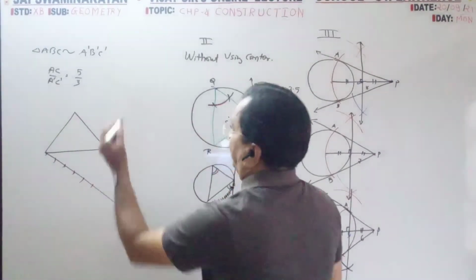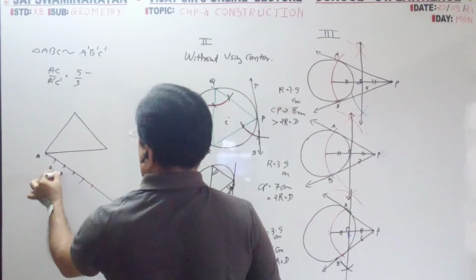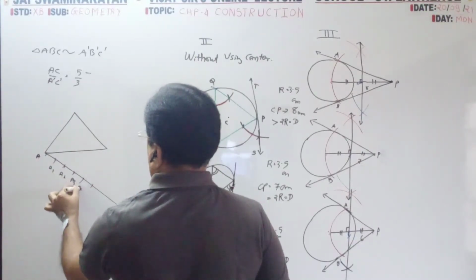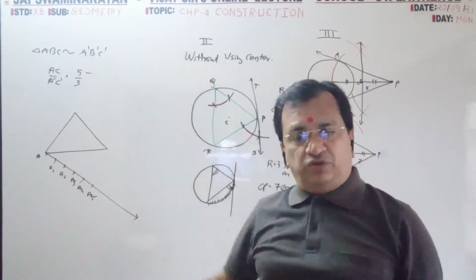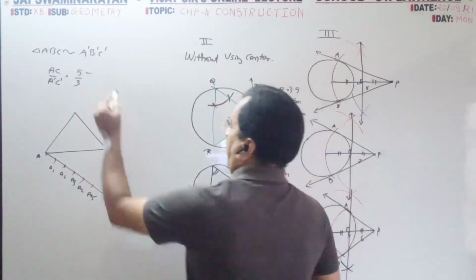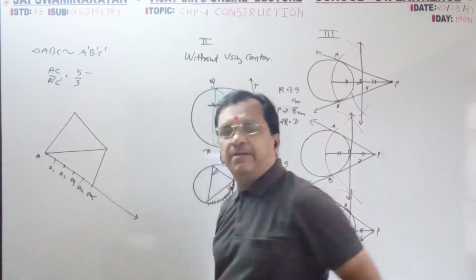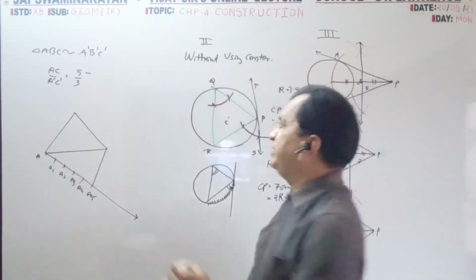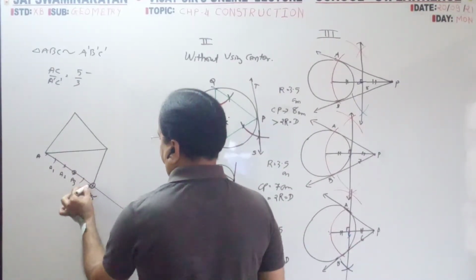I have taken 5 points: A, A1, A2, A3, A4, A5, from top to bottom. So the 5th point you have to connect with this. This is the 5th point and this is the 3rd point.